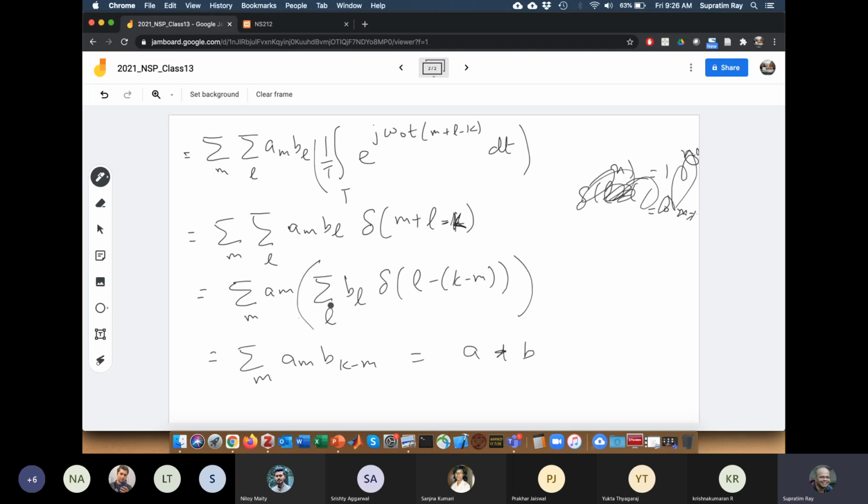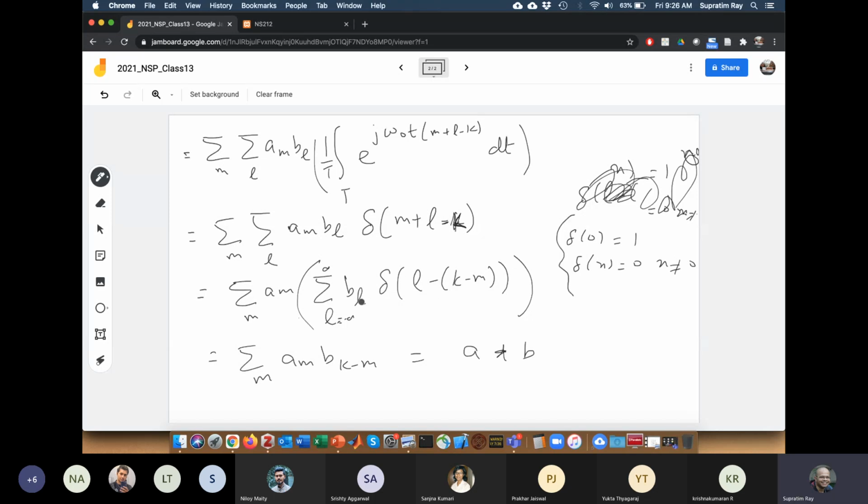So I'm summing over l, and l goes from minus infinity to infinity. But this delta function is going to be 0 for all values of l except when l is k minus m, because then this thing has to be 0. The delta function of 0 is 1 and delta of n is 0 for n not equal to 0. That's the definition, right?